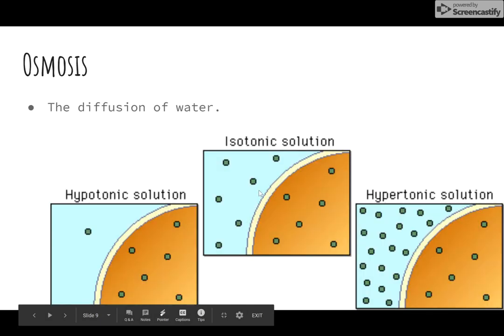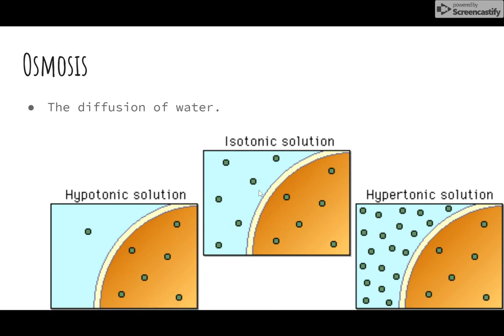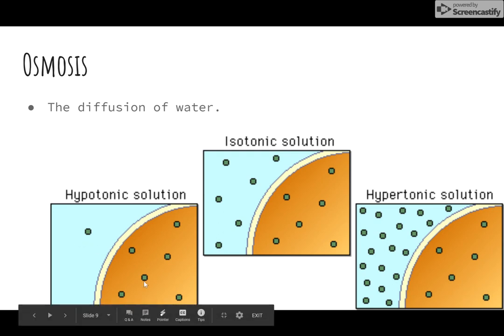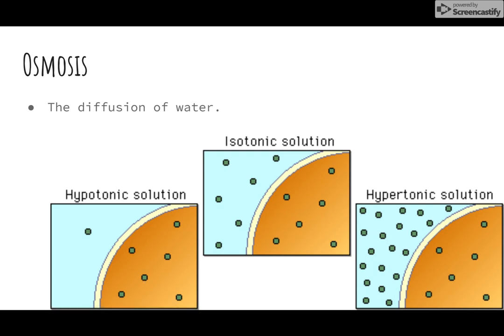Isotonic, the solute concentrations are the same. So the water's just going to move equally back and forth in and out of the cell. Hypotonic, the water is going to move into the cell because that's where we have more solute. So we need to get more water in there to try and equalize the concentrations.